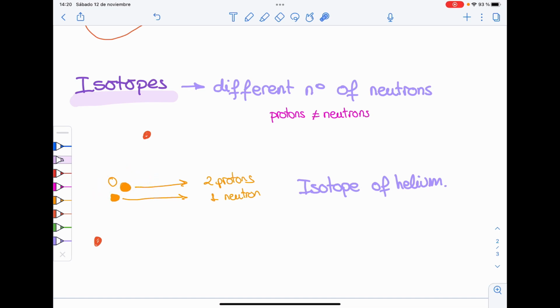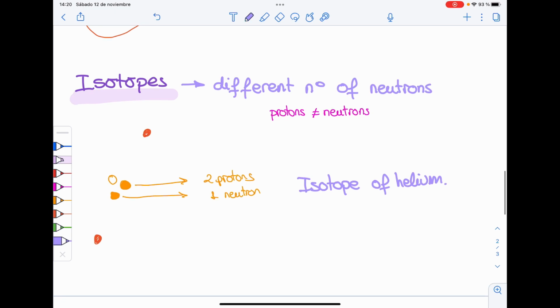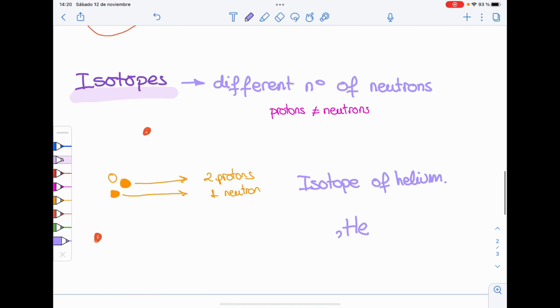Okay, so how should I write this atom? Remember that if I want to write it like I did before, I put the name of helium here, and then in here I have to put the atomic number. Remember that the atomic number is the number of protons.